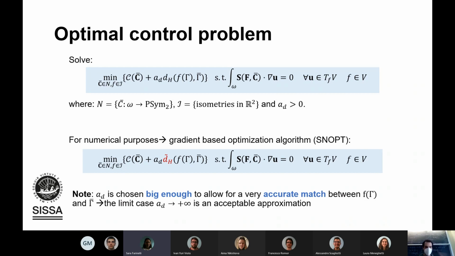Okay, so this is what we want to solve. Of course, the problem is very complicated, cannot be treated in its generality analytically. It needs numerics. However, something can be said analytically on some special cases.